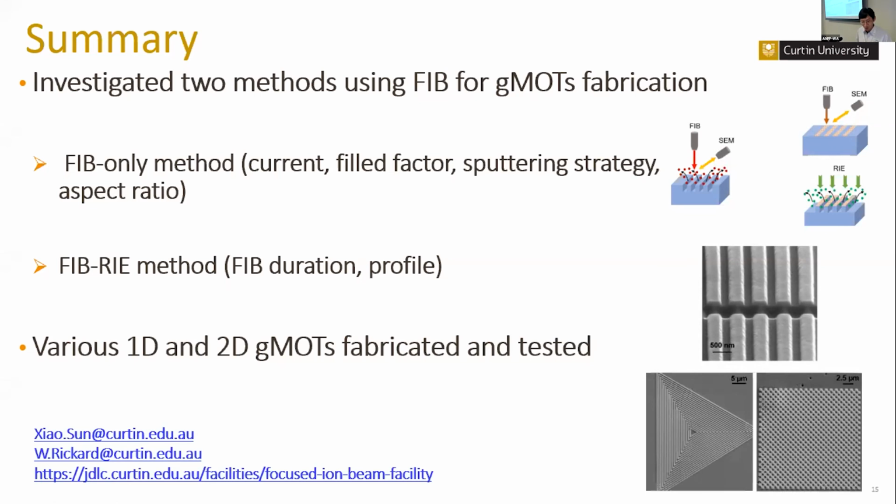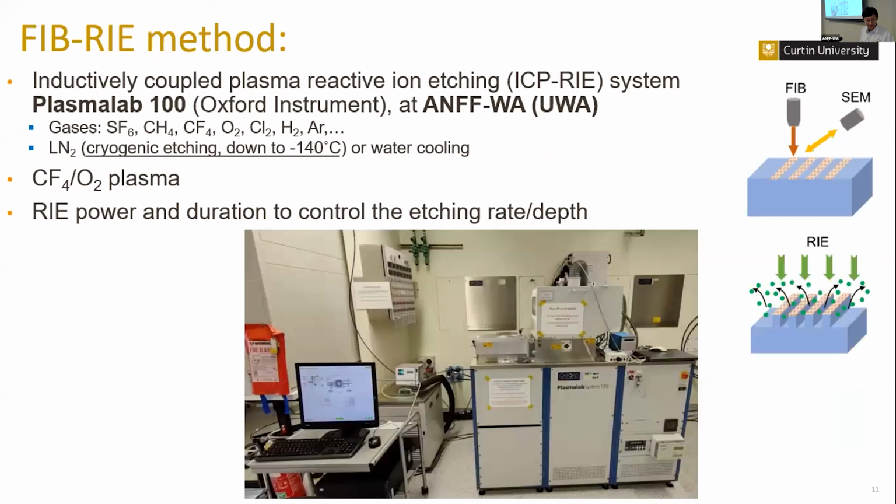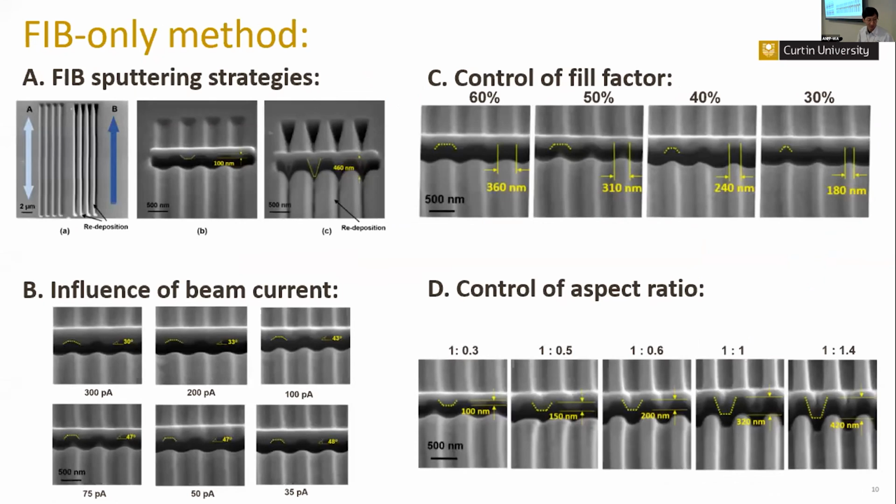Well, it depends on what type of method you are using. If you do direct milling, like the FIB-only method, as you can see, we can achieve an aspect ratio of about 1 here, and even higher. The main reason I didn't try more is that for our application, we mainly use 100 nanometers or 150, that's good enough for us.